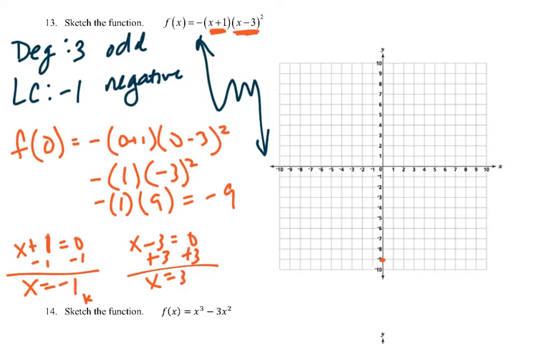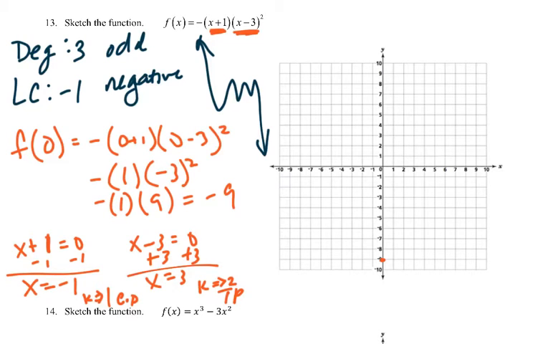The multiplicity on the first one is 1, so it is a cross point. The multiplicity on x equals 3 is 2. That is even, so that is a touch point.